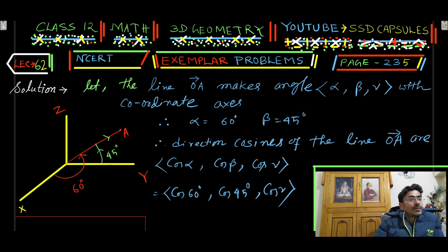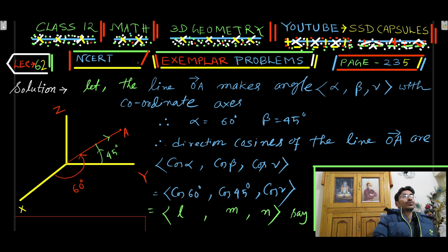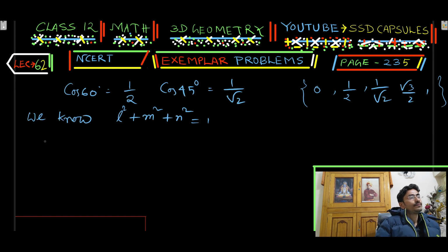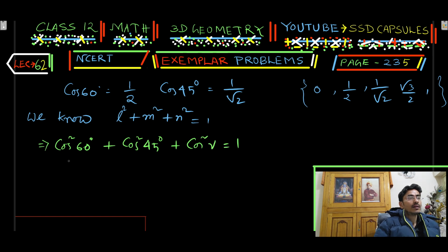Where these are the direction cosines l, m, n of the line in space. So cos square 60 degree plus cos square 45 degree plus cos square gamma equal to 1.